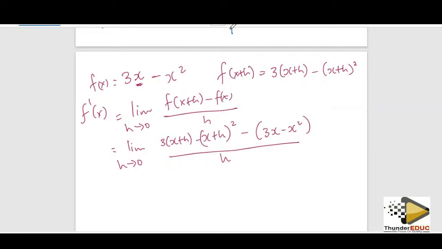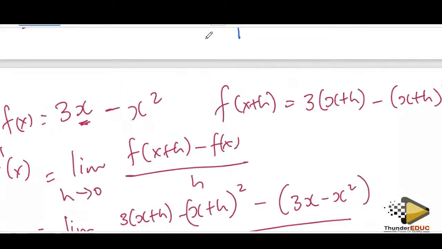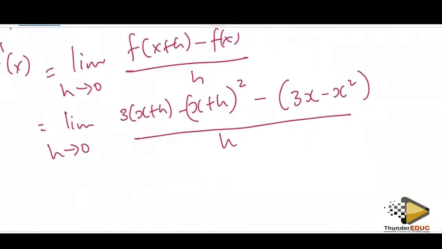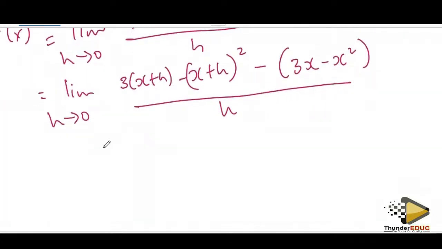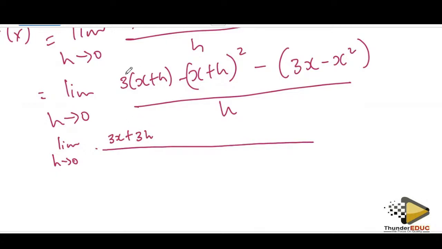Okay. And then, is that too big? It's just fine. So the limit as h tends to 0, we shall have open the brackets, so 3x plus 3h. So I'm opening this bracket. And then this is going to be negative.